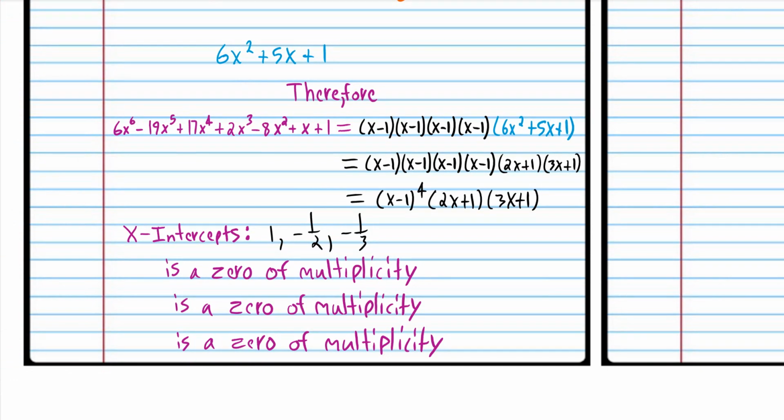So 1 is a 0 of multiplicity 4, because there's a 4th power there. And negative 1/2 is a 0 of multiplicity 1, because there's only one factor that comes from there. And negative 1/3 is a 0 of multiplicity 1 also, because the power is 1.